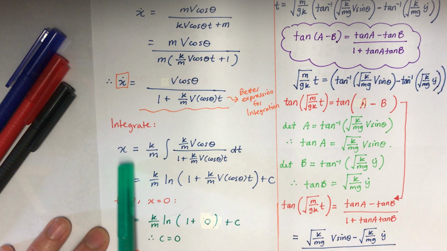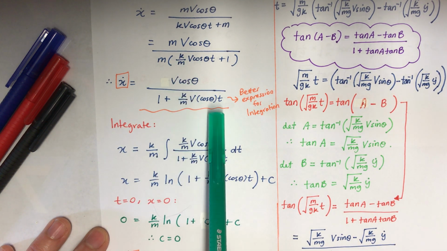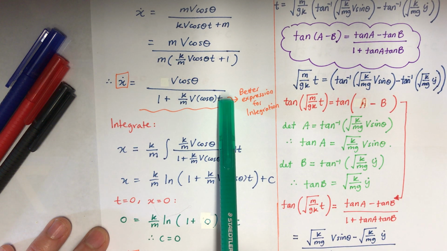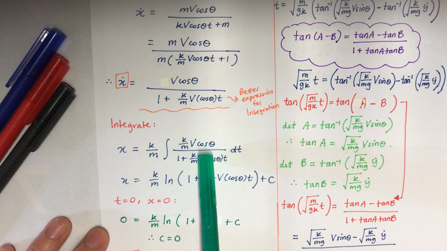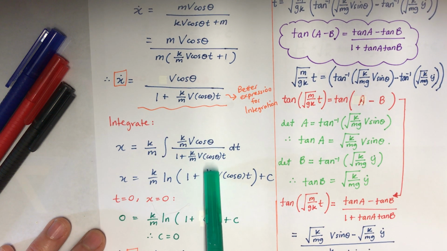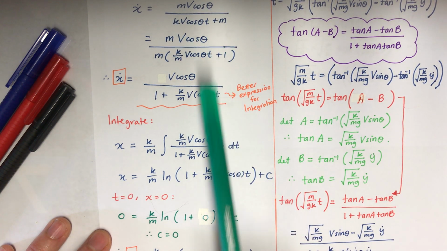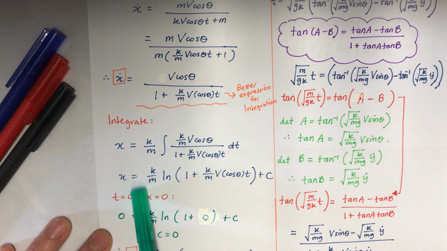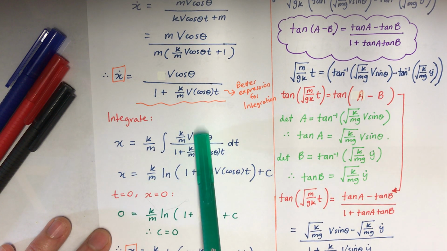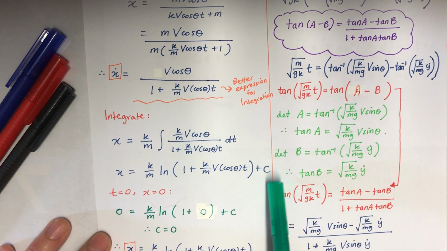So integrate x dot to get x. On top here it's a dt, so I want that to be km v cos theta, so that's what I do. If you left it like that, you could still do it. It's not a huge difference. Then I'll get ln, obviously, that's the whole point of sorting things out, plus c.